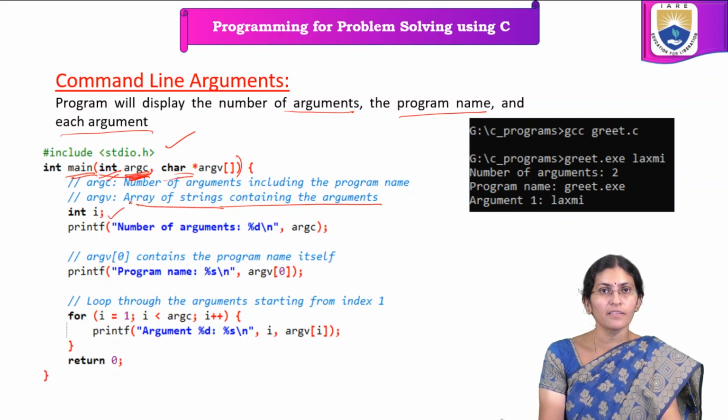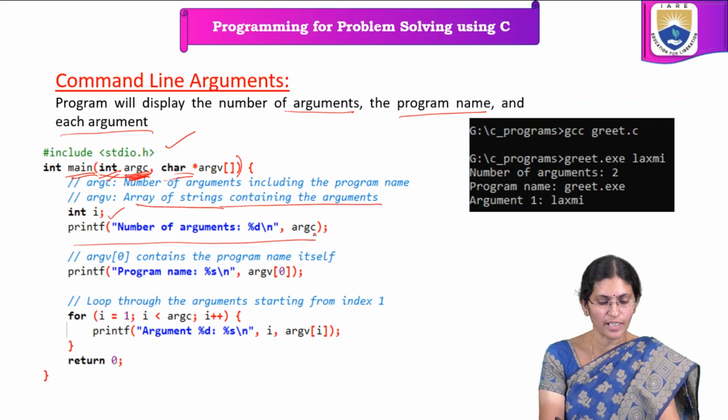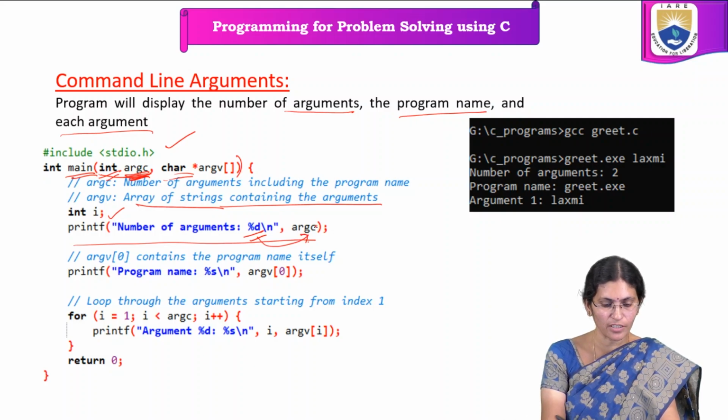Next in this program, i is an integer variable, and with the help of this statement we are going to print the number of arguments. Number of arguments, %d is the format specifier, and the corresponding variable is argc.